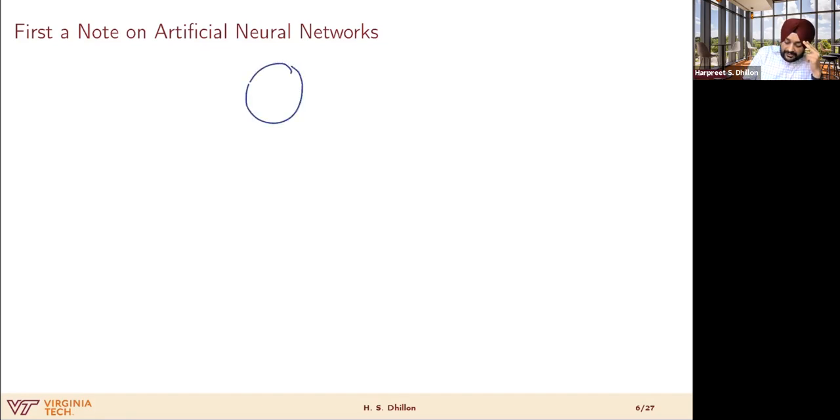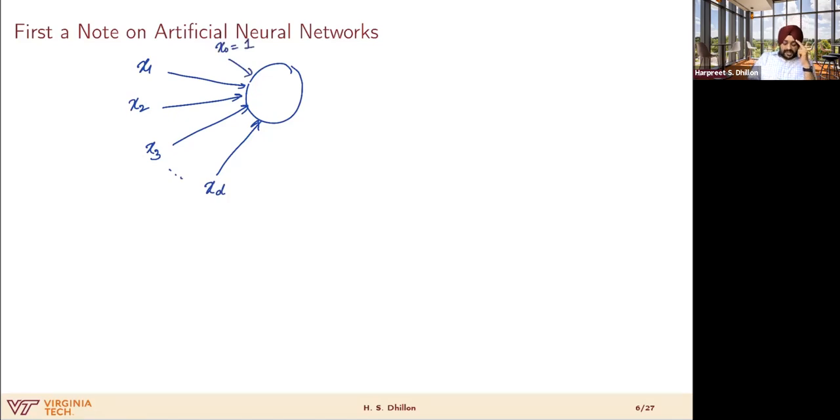Okay, so you have inputs to this neuron, and these inputs could be your features. Let's say your features x1, x2, x3, and so on up to xd. And then you oftentimes also have a bias term, which is considered to be 1.